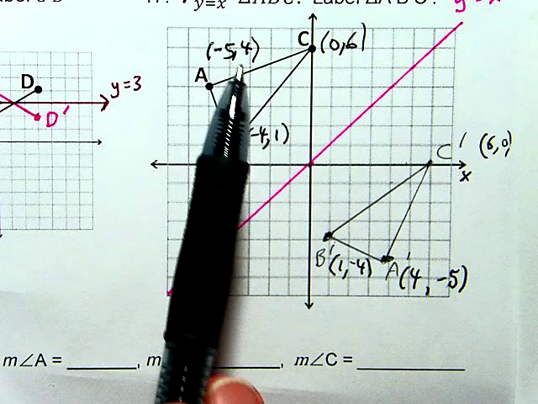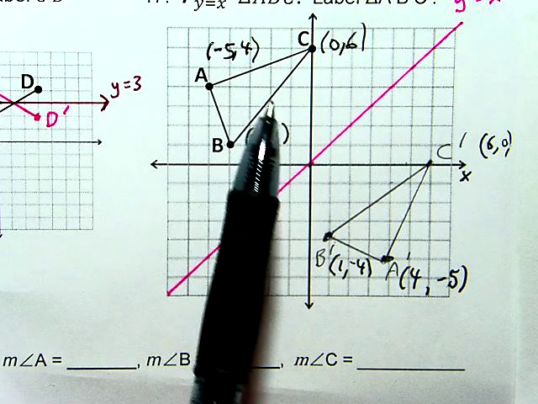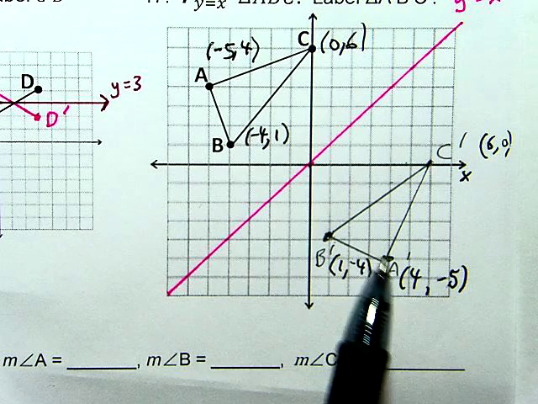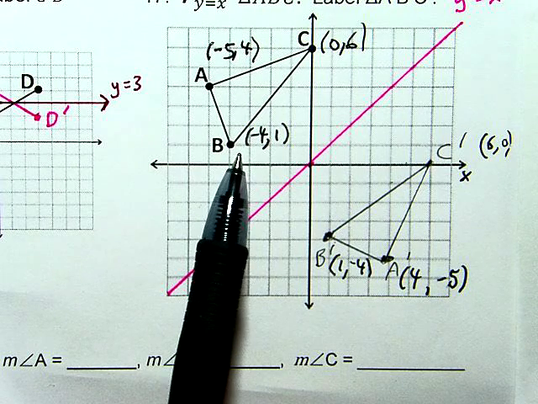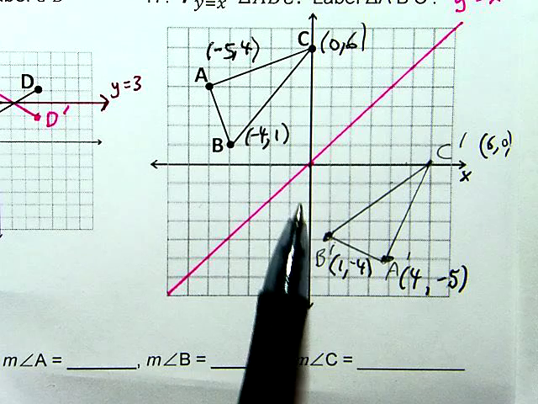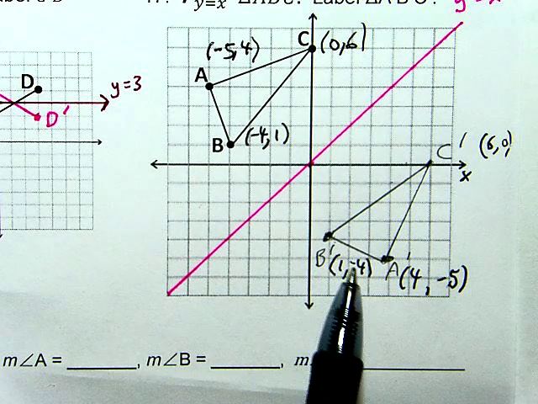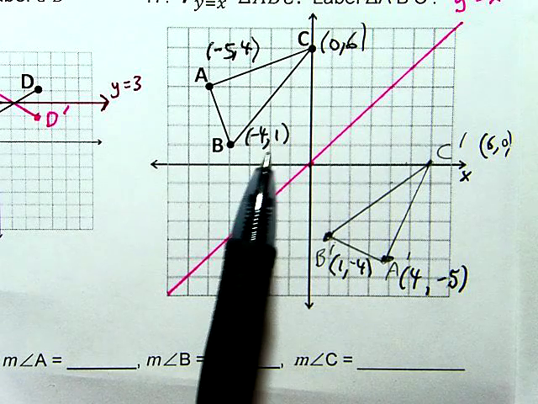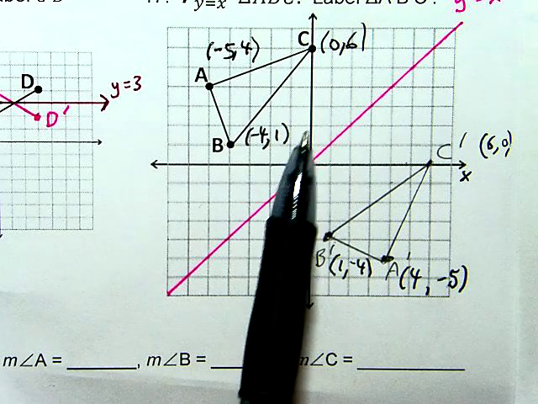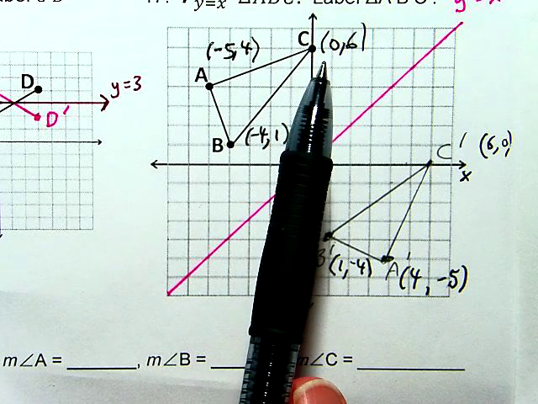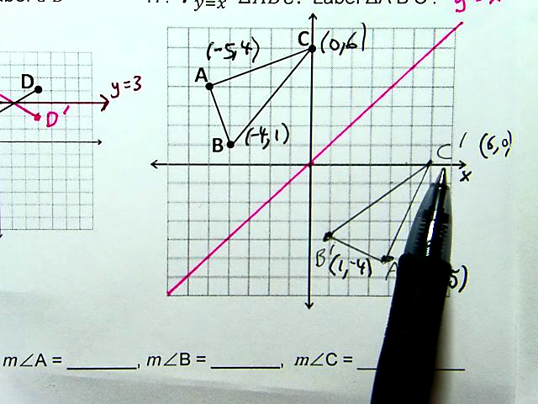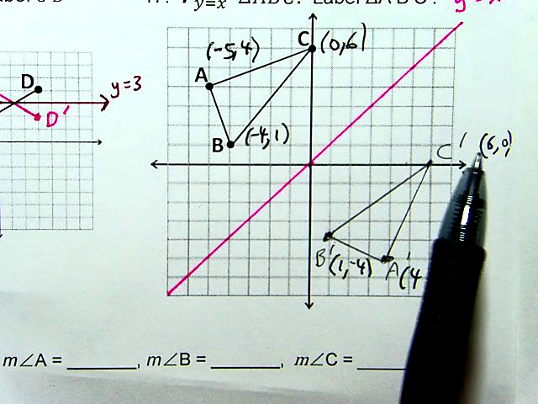And the x value of negative 5 became the y value for A prime. Let's look at point B. Point B started off with the coordinates negative 4, 1. But B prime ended up with the coordinates 1, negative 4. So again, the x and the y coordinate switched places. Finally, point C is 0, 6, but the coordinates of point C prime are 6, 0.